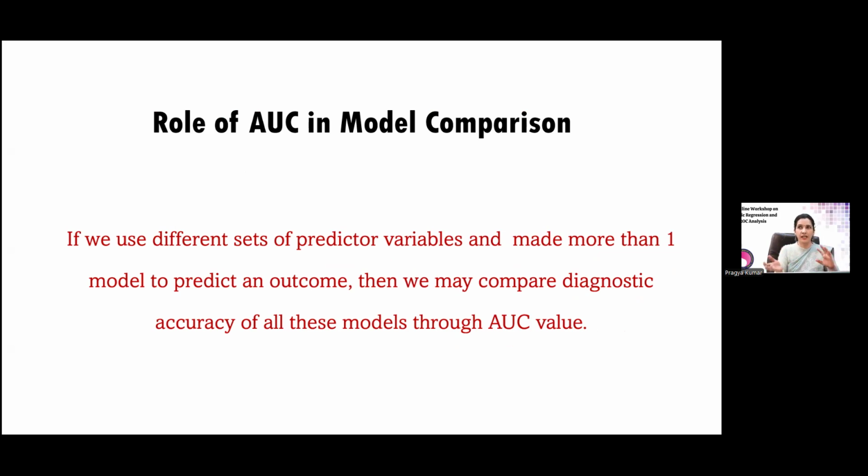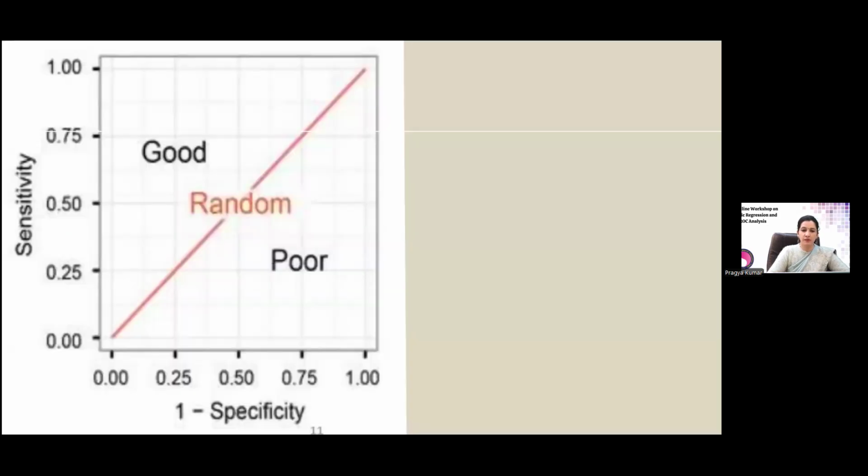You can write the role of AUC in determining the discriminatory power of a diagnostic test. If we use a different set of predictor variables, then of course this will change. If I have made more than one model, like if you are going for hierarchical or changing the number of predictors, then we may compare the diagnostic accuracy of all those models through the AUC value.